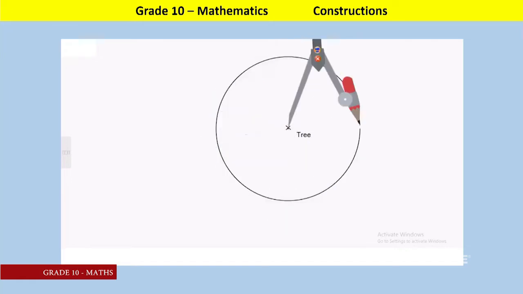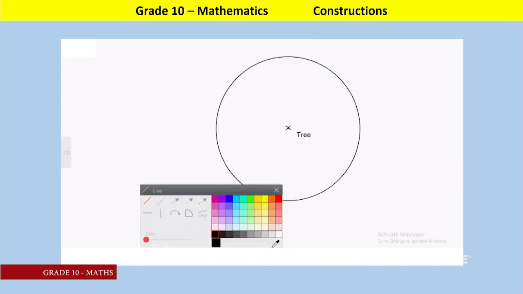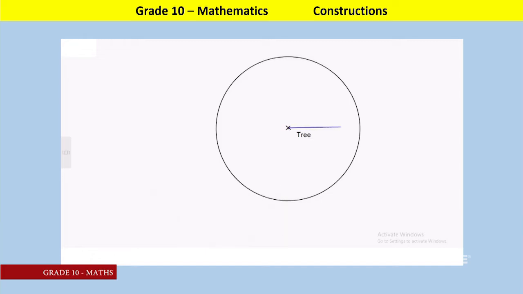You can take any radius because we can't take 5 meters, but remember to mark the radius. So, the maximum distance is 5 meters, so the radius is 5 meters. Hope you have done it with me.